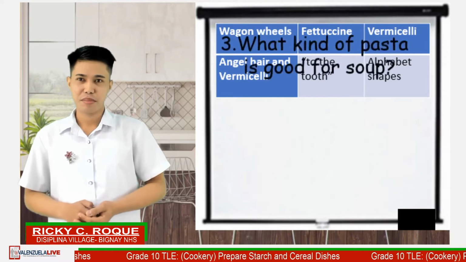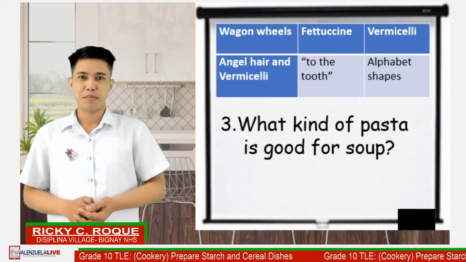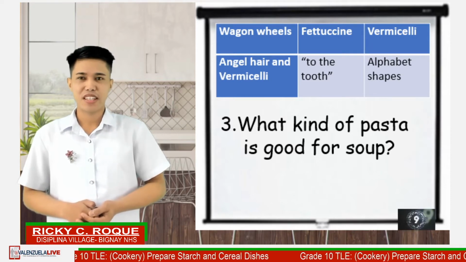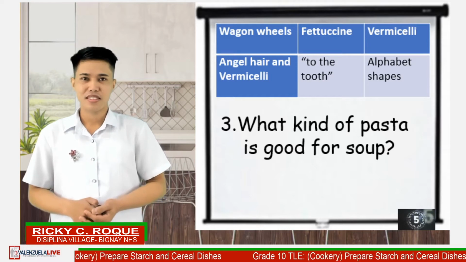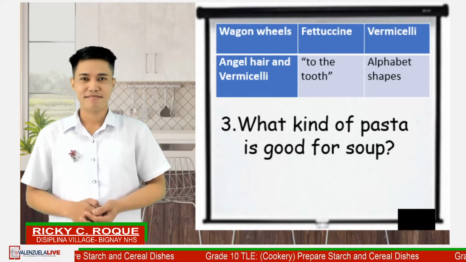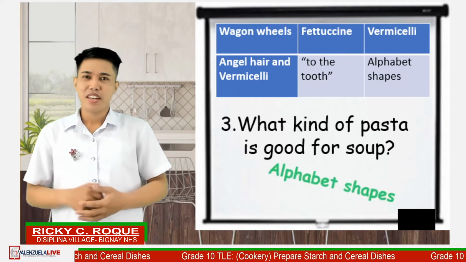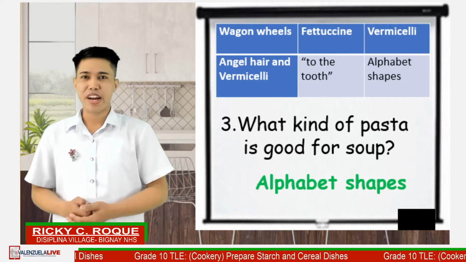Number 3. What kind of pasta is good for soup? Nice. The answer is alphabet shapes.